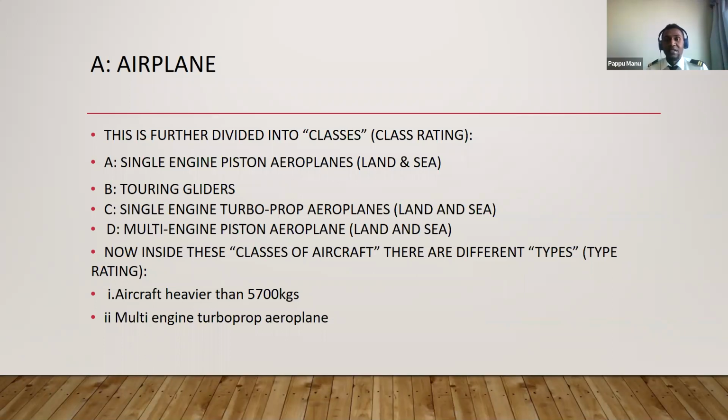These are the different classes, and also the different types of engines that aircraft have. Then we have different types, which are multi-engine piston aircraft that are more than 5,700 kgs and multi-engine turboprop aeroplanes. Those are different types of aircraft, but can also be under multi-engine or single-engine turboprop.